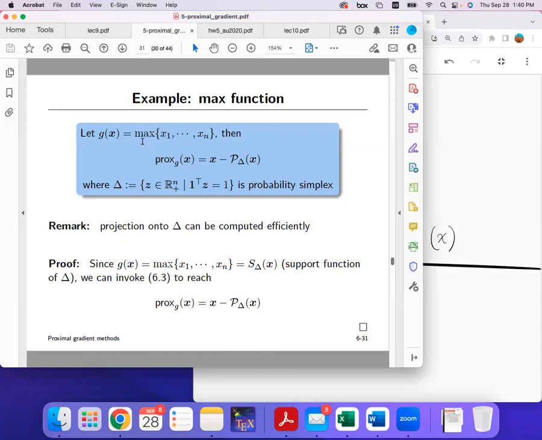This is actually a highly nonlinear function because it contains many linear segments, and it is not differentiable. But the proximal mapping has a very simple form.